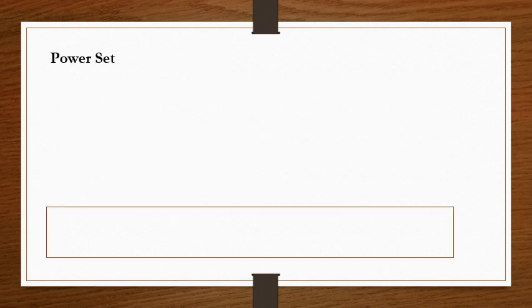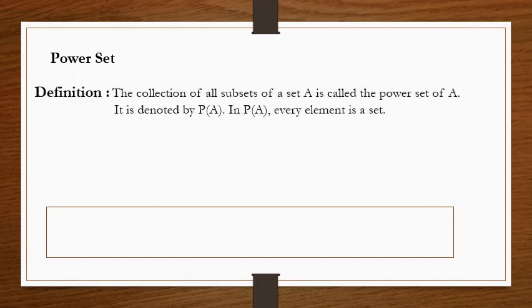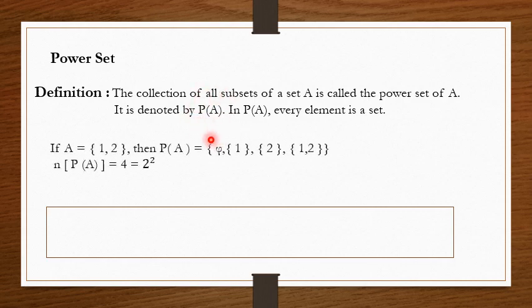Now we can discuss the power set. This is the definition. The collection of all subsets of a set A is called the power set of A. We denote it by P(A). Here is an example. If A equals {1, 2}, then what is the power set of A? What are the subsets of A? Phi is a subset of every set.